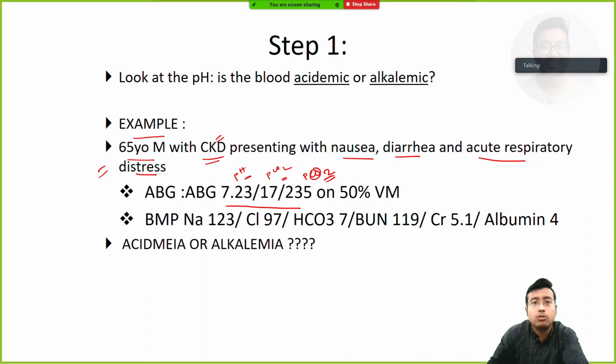pH, PCO2 and PO2. The patient is on 50% manual ventilation, VM 50%. On further analysis, we also ordered electrolytes. You can ignore this on 50% VM.